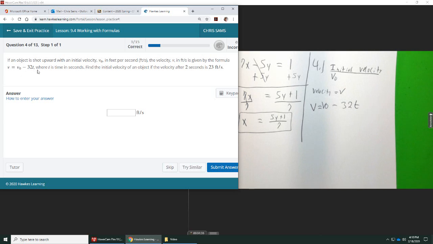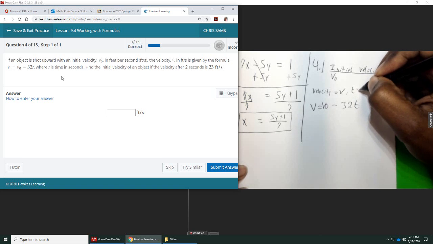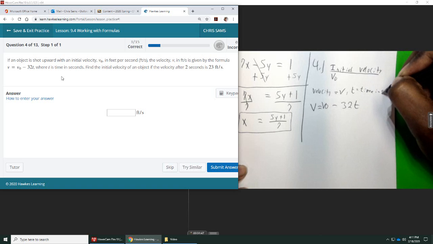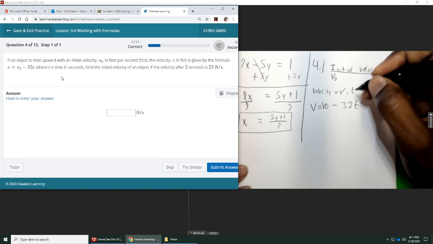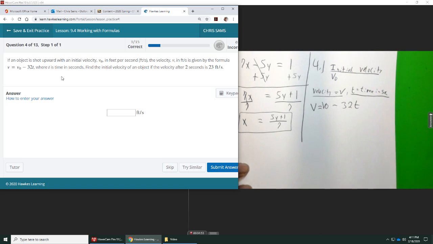Okay, and it says right here, right after it, where t is time in seconds. So I'll go up here and also write t equals time in seconds, SEC. Okay, just abbreviated. So we got 3 things, and we have 3 descriptions.